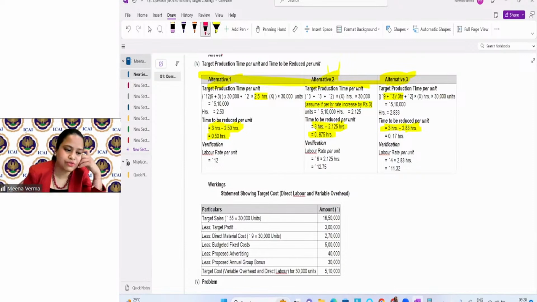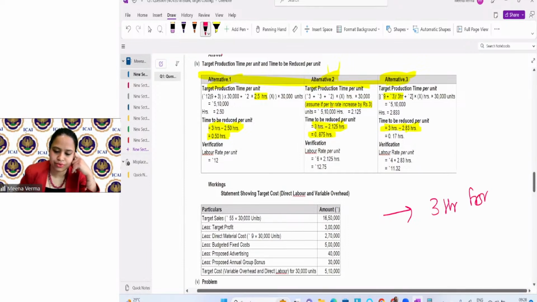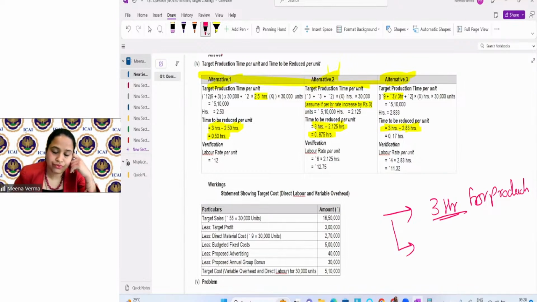So the point is that if you see in the question, it was given that earlier they were taking 3 hours for production. Labor has taken 3 hours for production. Now what is happening? Labor has become more efficient.